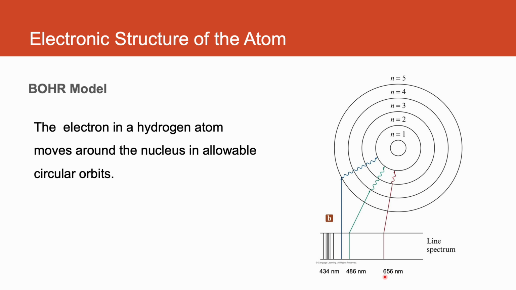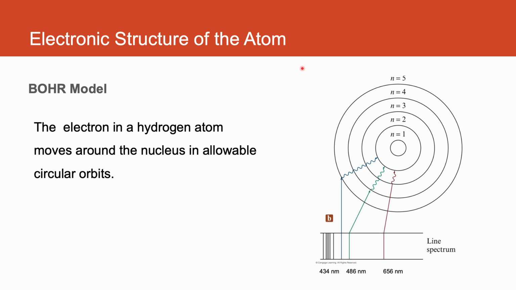For example, here you have your 656 nanometers corresponding to your red light, green light for the 486 nanometers, and 434 nanometers for your blue light. So it was enough to explain the line spectra for a hydrogen-like atom. The Bohr model is actually correct for one-electron species.